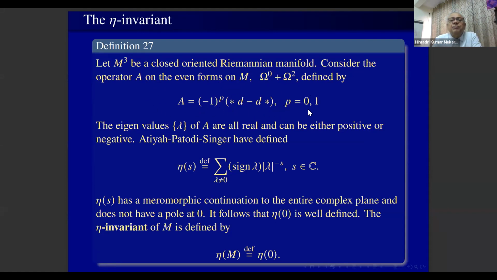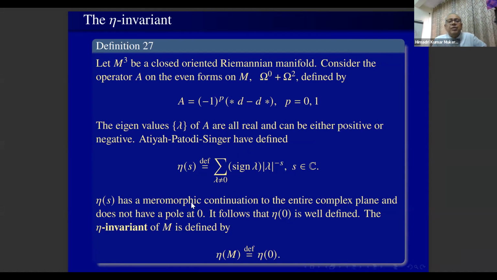Look at this operator A defined like this for B equal to 1 and 2. The eigenvalues lambda of A are all real and can be either positive or negative. Atiyah, Patodi, and Singer have defined eta of S, where S is a complex number, to be the sum over lambda not equal to 0 of sign of lambda, where lambda are the eigenvalues of A, times mod lambda to the power minus S. This is a complex function.